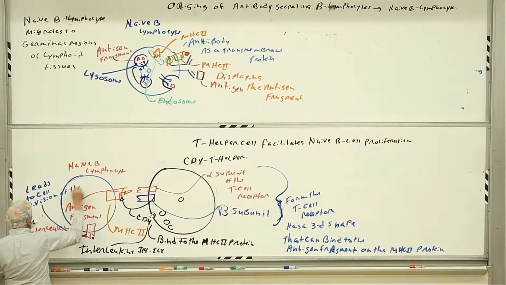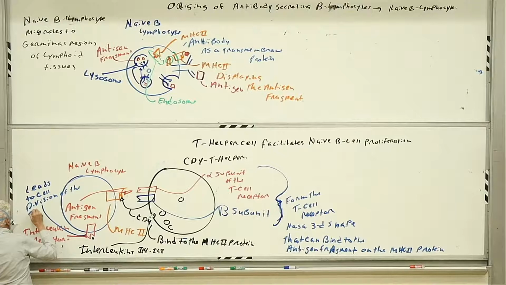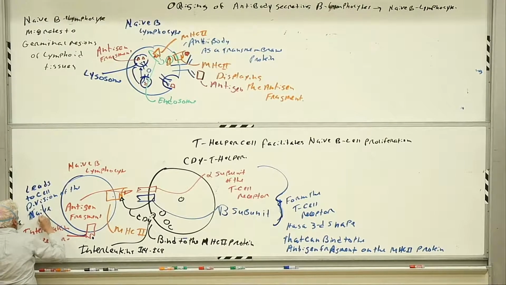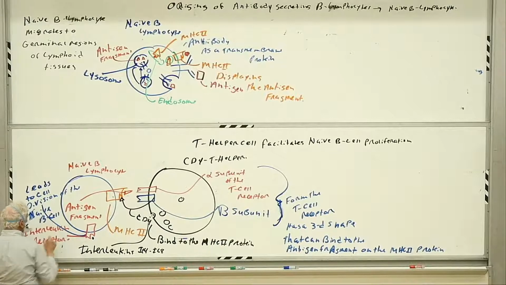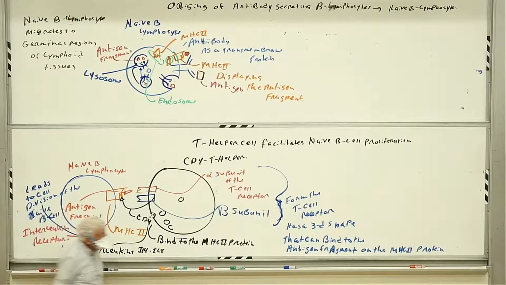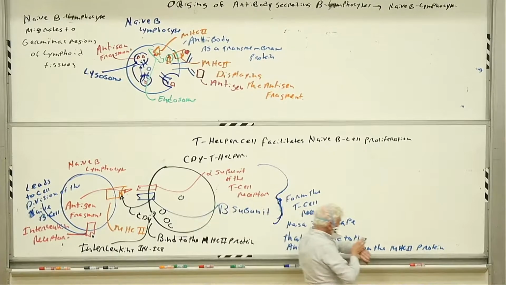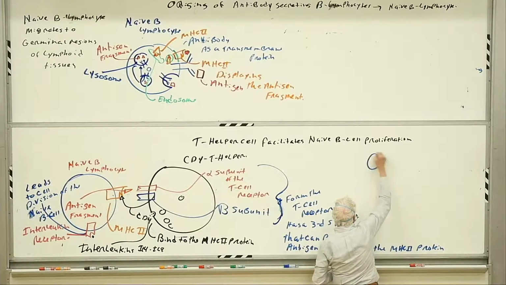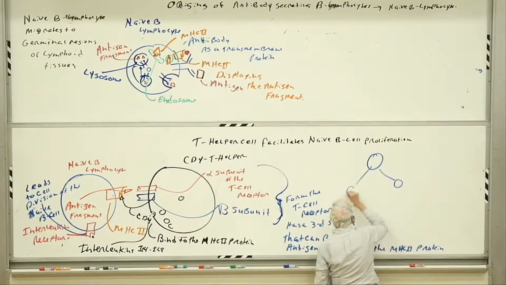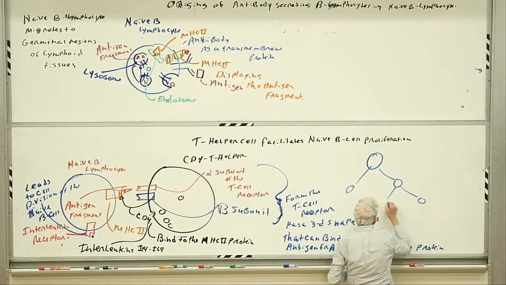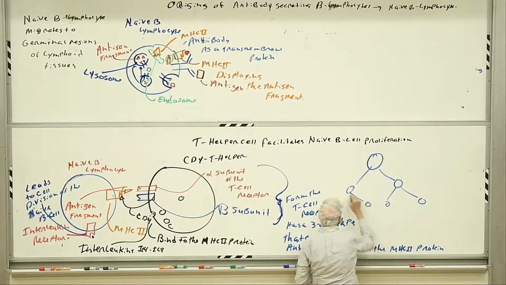of the naive B cell. Each of the progeny, so this initial cell divides and gives rise to 2. This cell divides, gives rise to 2, and so forth.